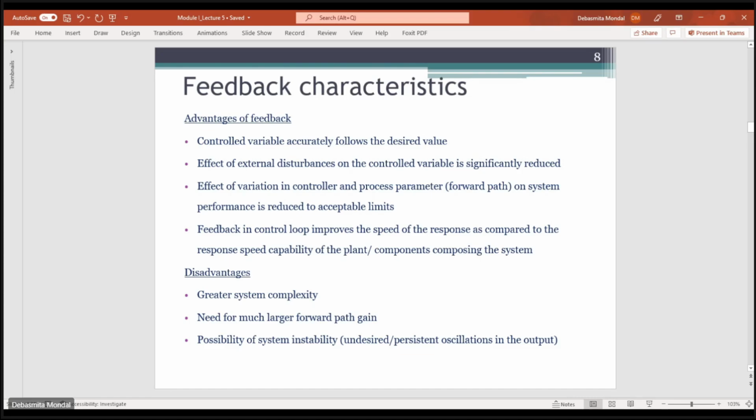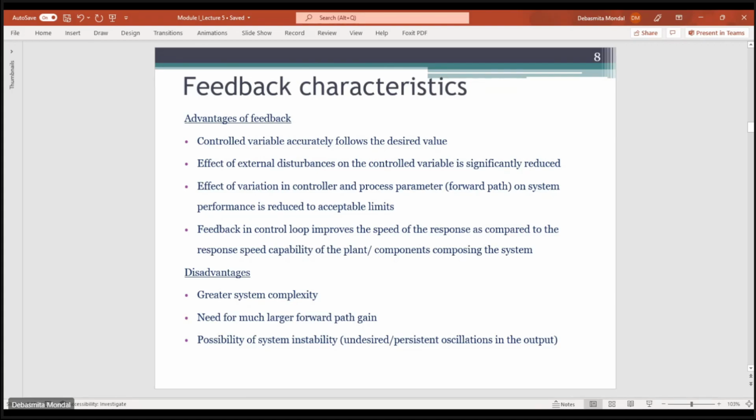The main advantage that feedback provides is, first of all, that if you have an open loop system, there is no control over the output or how the output changes with respect to different disturbances or noise. Those are not in the control.